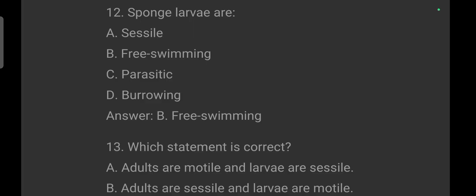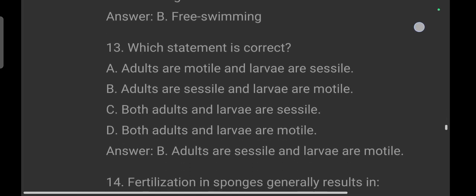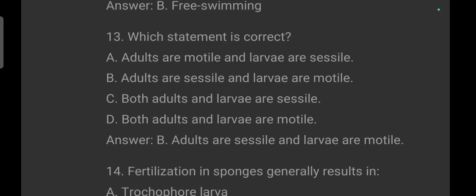Answer is free swimming. Which statement is correct? Adults are motile and larvae are sessile. Adults are sessile and larvae are motile. Both adult and larva are sessile. Both adult and larva are motile. Answer is adults are sessile and larvae are motile.